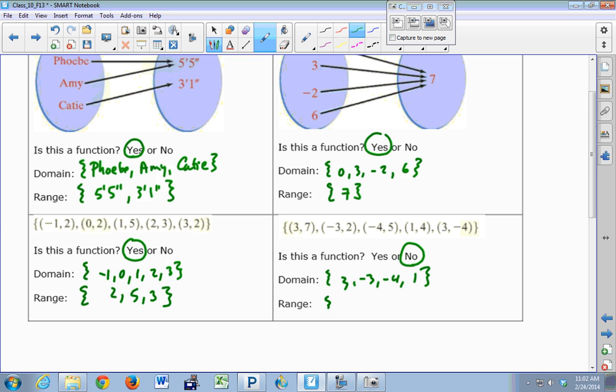Okay, and the range, William? 7, 2, 5, 4. Okay. Now I'm not sure, but if your math lab asks you to represent the domain and range like this, they're probably going to want you to do smallest to largest. So just be aware of that when you put your answers in.